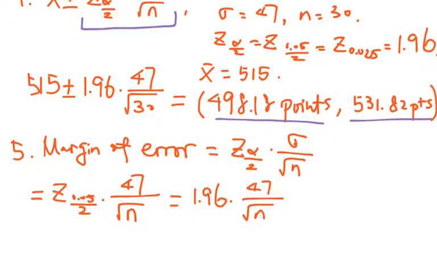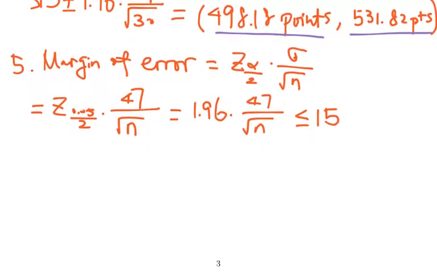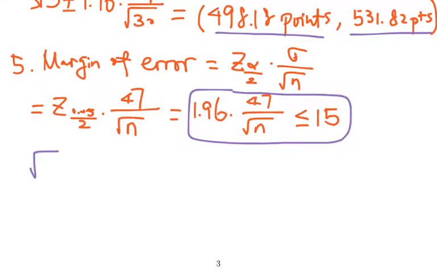This margin of error is less than 15 points. If we rearrange this inequality, we have square root of n is greater than 1.96 times 47 divided by 15.